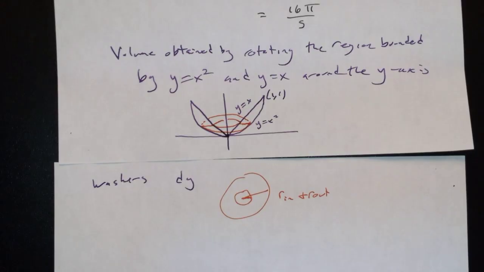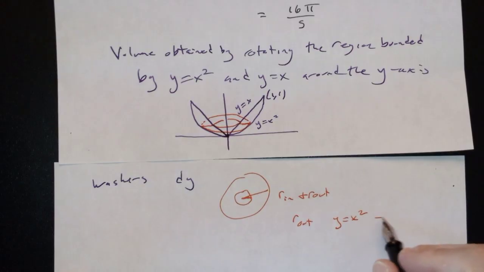It's y equals x squared is that curve, right? But if I'm doing the radius this way, y goes this way. Radius should be my x value. So I really want to solve that for x, and I get x equals the square root of y.